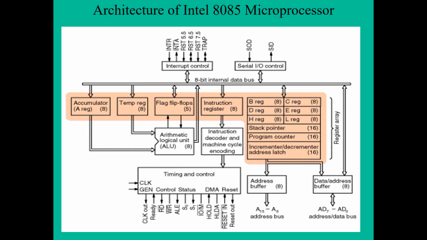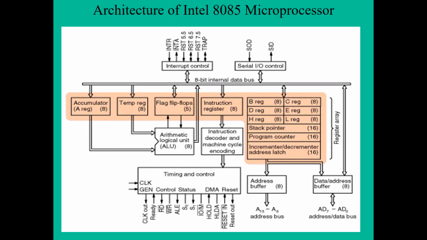Then in addition, there are two temporary registers over here. It is not mentioned here, W and Z will be here. The upper portion of your B and C will be another two registers, but these are temporary registers, not available to the programmer or user.